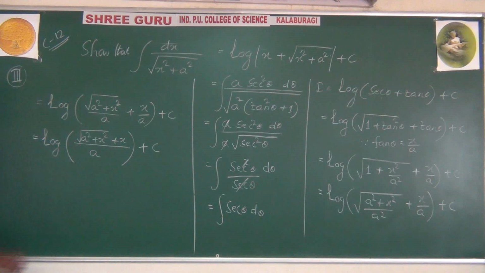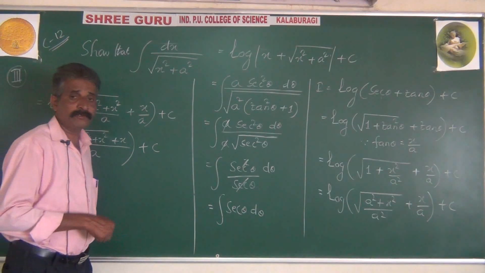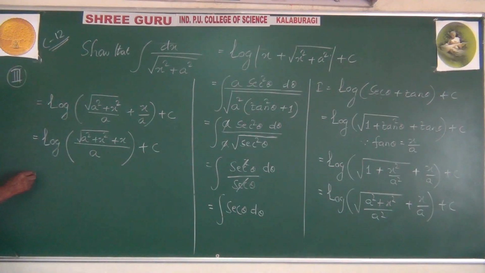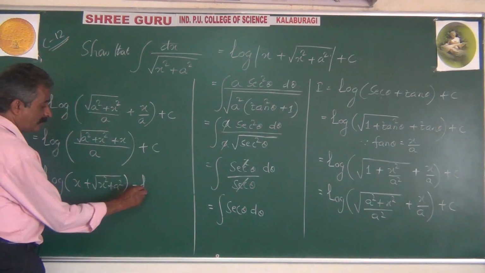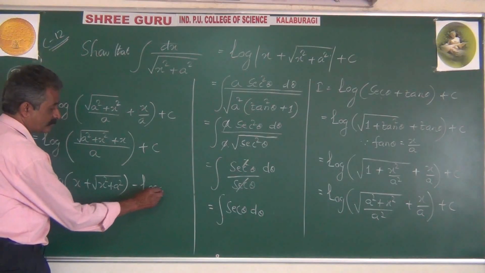This is in the format of log of m by n. Log of m by n is log m minus log n, which means it will be log of x plus root x square plus a square minus log m, meaning log a, plus c.